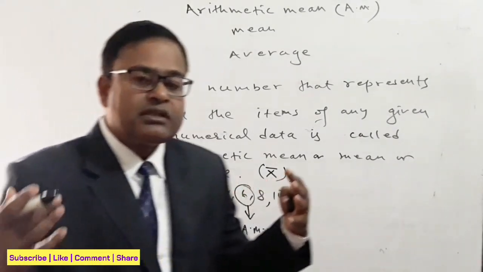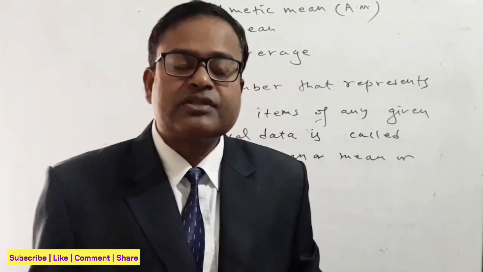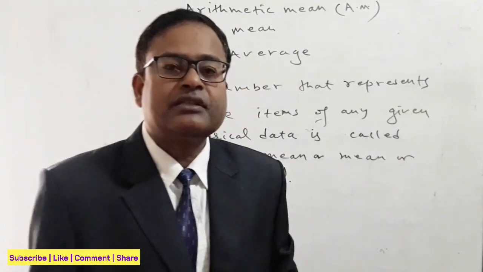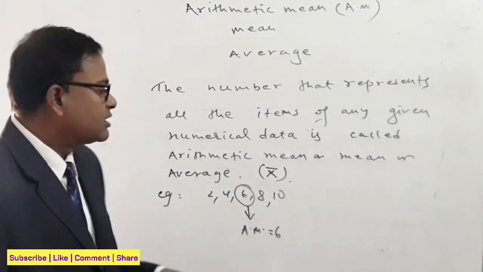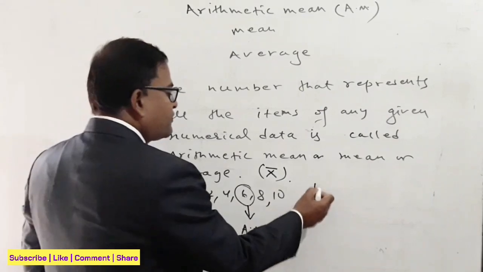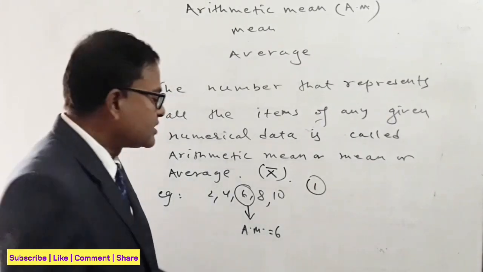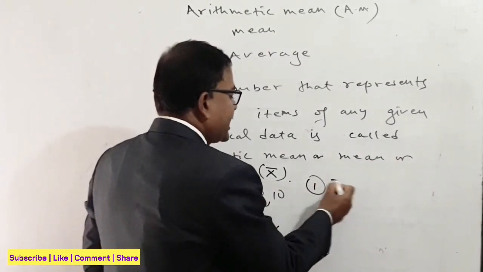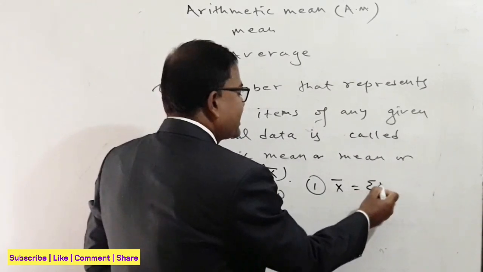Now let's write down some formulas to calculate the arithmetic mean, or simply mean or average, of the given data. So dear students, the first formula of arithmetic mean is X bar is equal to summation X by n.